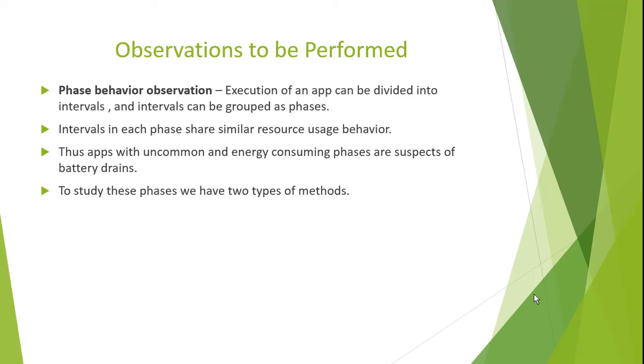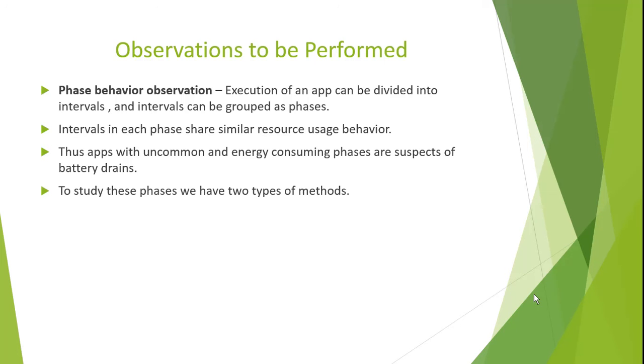If an app is making use of a recorder in one interval and a camera in another interval, then these two intervals should not be in the same phase, because their resource usage is not the same. One is using a recorder and another is using a camera. Let's say two intervals are making use of the recorder, then these two should be in the same phase.